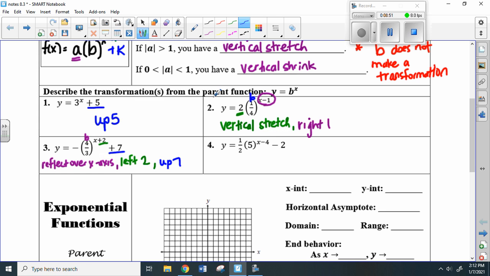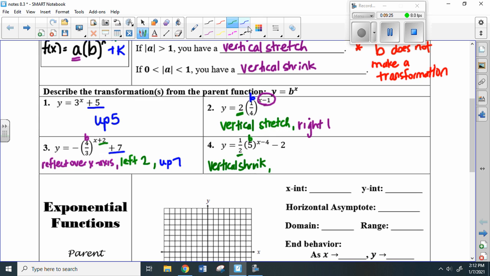And last but not least in this little section, number 4, notice we have a number and then another number directly raised to the x. The second number here, that's our B. So the first number is a transformation, and since it's a fraction and it's multiplied, it is a vertical shrink.